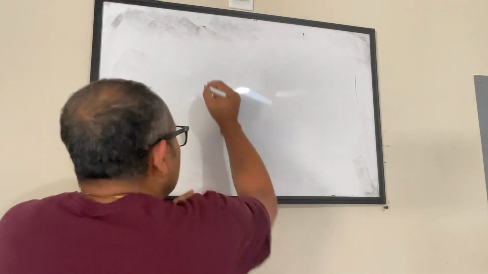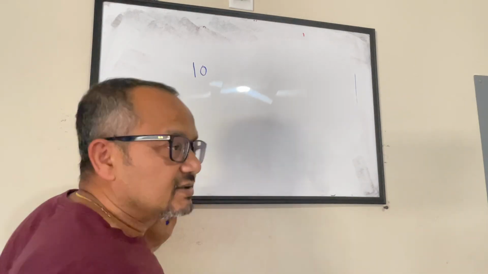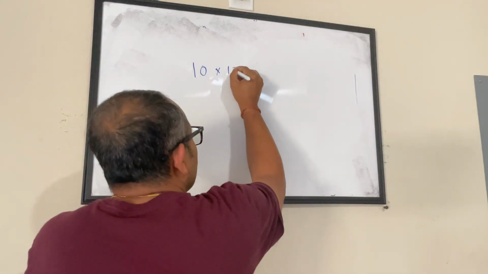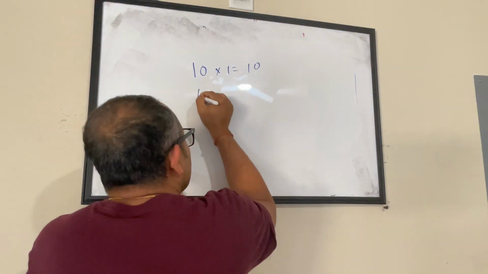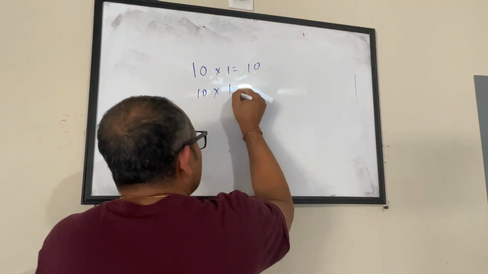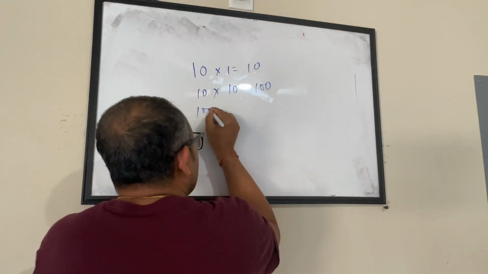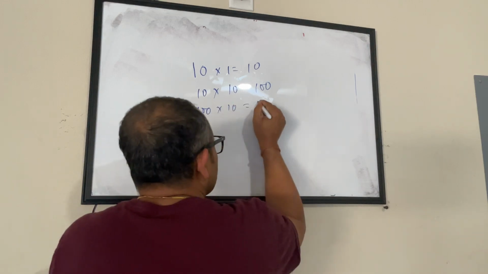Now, if you guys remember, we talked about power of 10 in one of the classes. This is 10. You multiply this by 1, it's 10. You multiply 10 with a 10, becomes 100. You multiply 100 with a 10, becomes 1000.